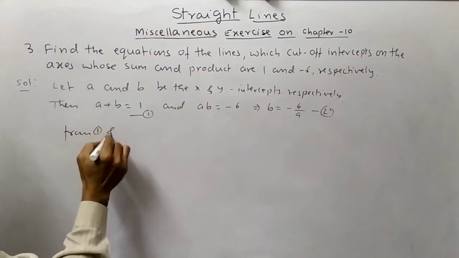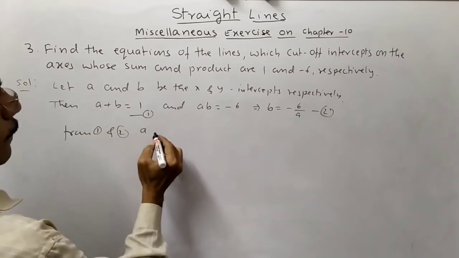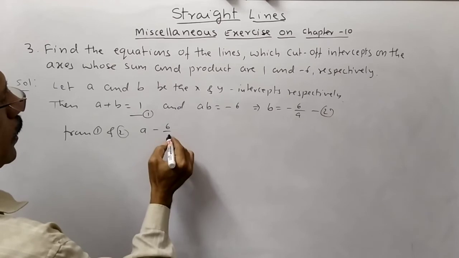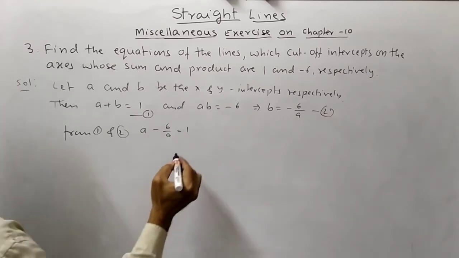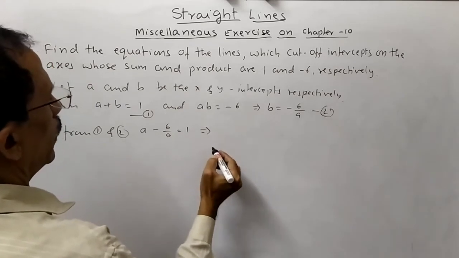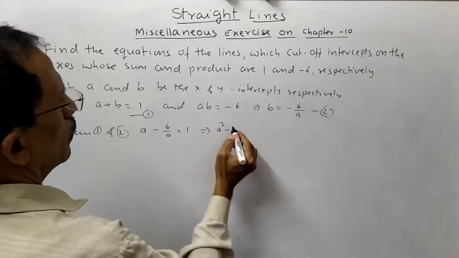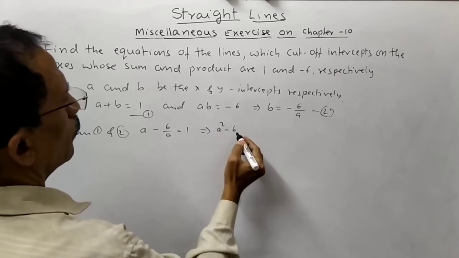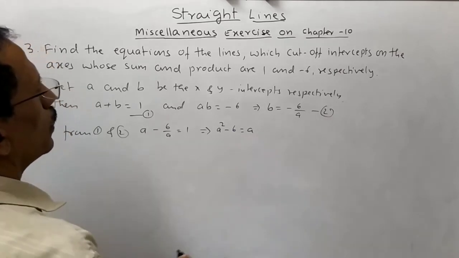From 1 and 2, a minus 6 by a is equal to 1. This implies a square minus 6 is equal to a.